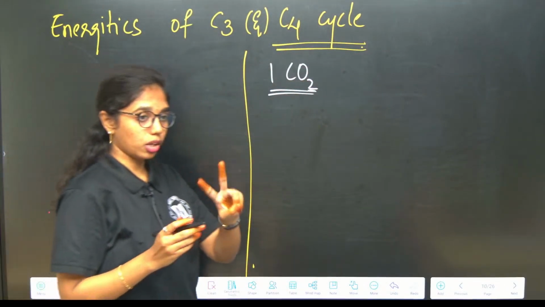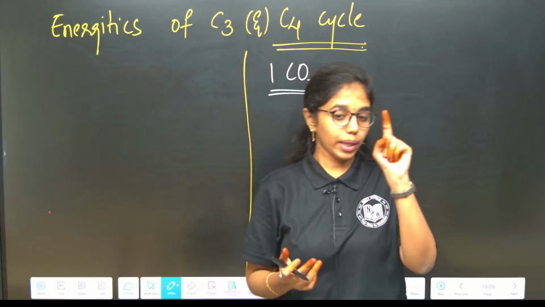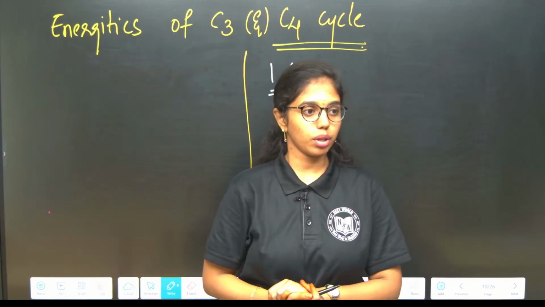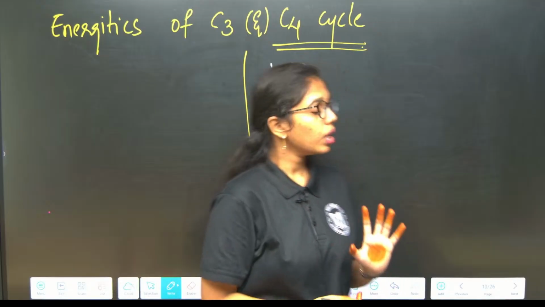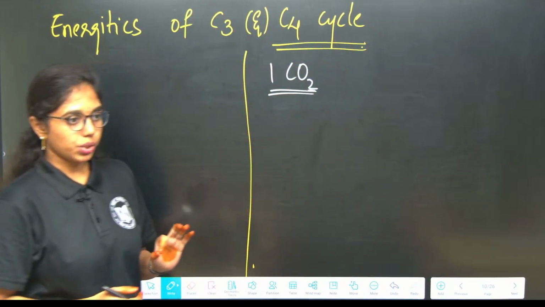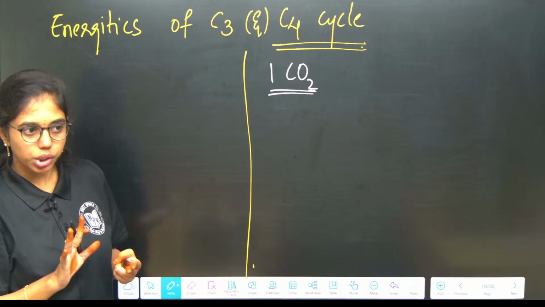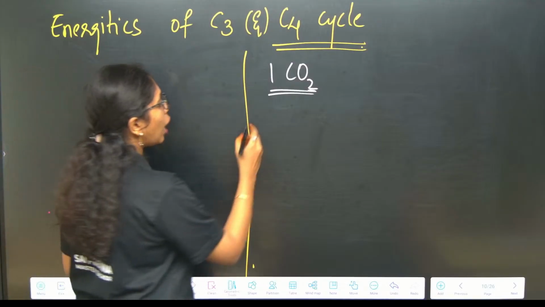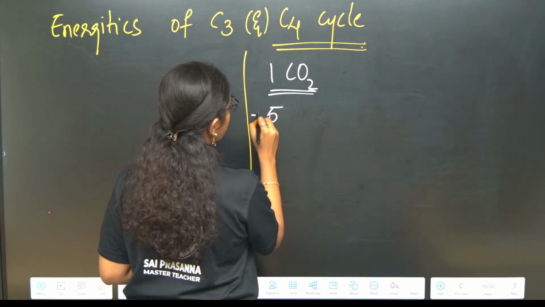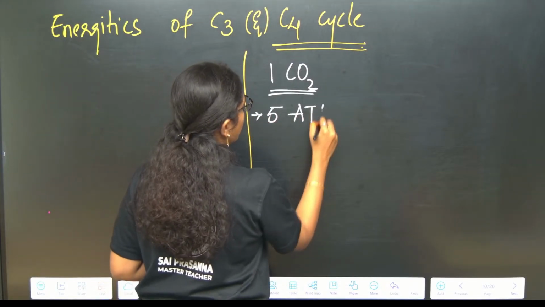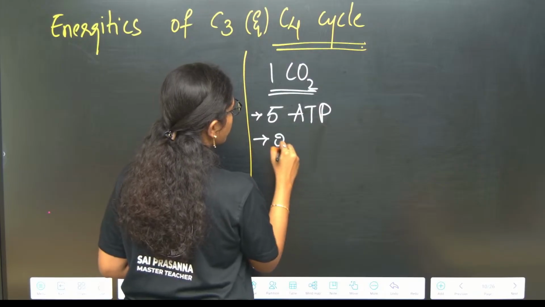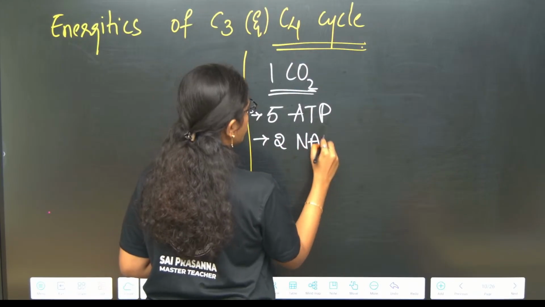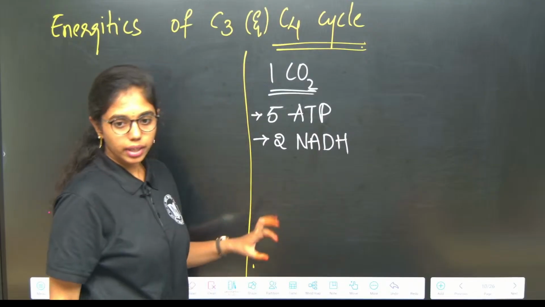Of course, carbon dioxide is fixed twice, but only 1 carbon dioxide is entering into the mesophyll cell. That we have to count. How much ATP is being utilized? 2 ATP during regeneration and 3 ATP during Calvin cycle. Yes or no? So, in total, how much ATP, beta? 5 ATP. How much NADPH? 2 NADPH. Fine, clear, right?